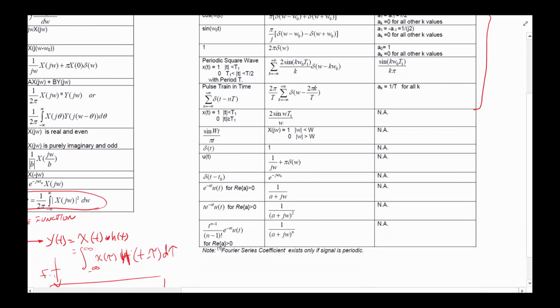And then these are not periodic, and they only have a Fourier transform. They will not have a Fourier series, because Fourier series only exists if the signal is periodic. And it gives you some of the common ones that we run into, for example, delta t, u of t, and that kind of stuff.